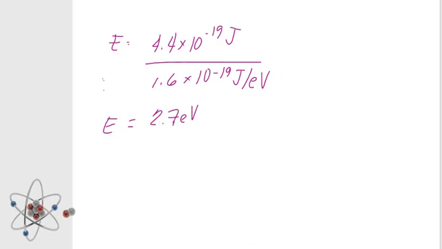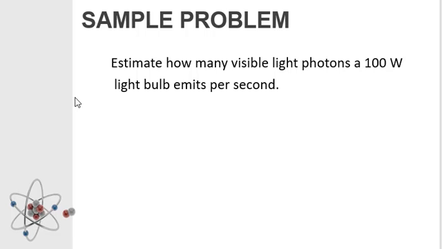The next item. Estimate how many visible light photons a 100-watt bulb emits per second. Okay, let's assume that it's at the middle of the visible range. So we will be using a wavelength of 500 nanometers. To solve for the energy, again, we have hc over lambda.